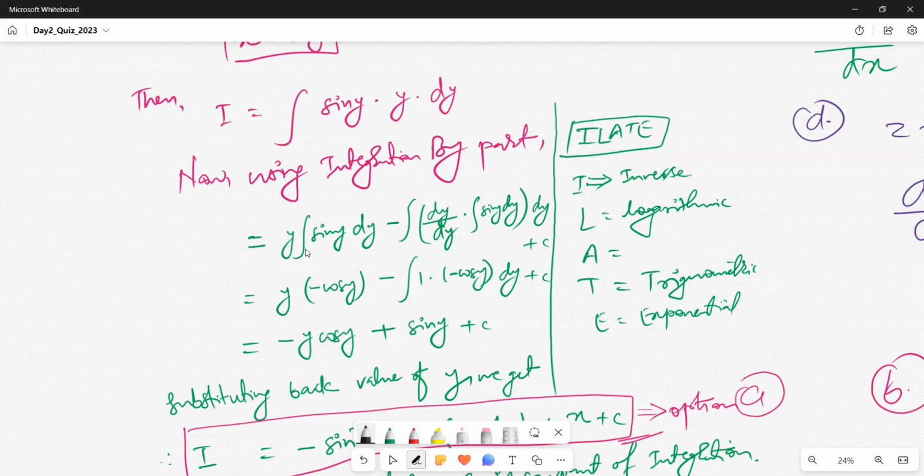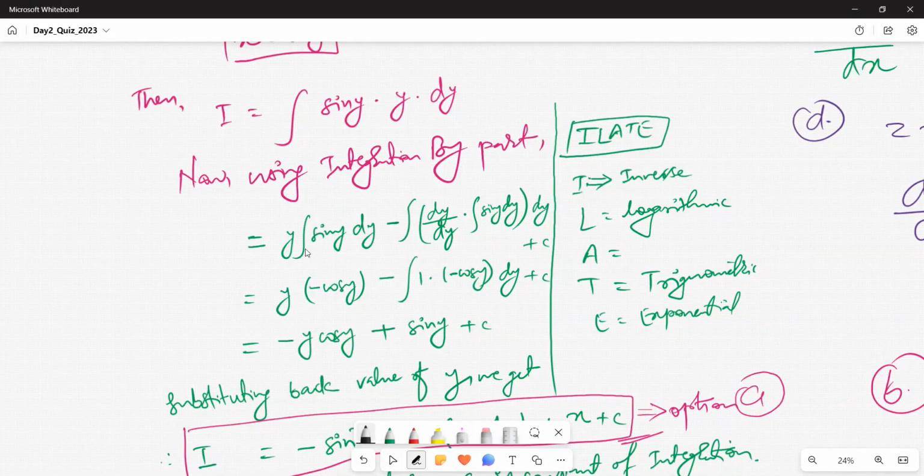What we can do is Google it and you get the formula ILATE, what ILATE stands for. I should stand for inverse function.